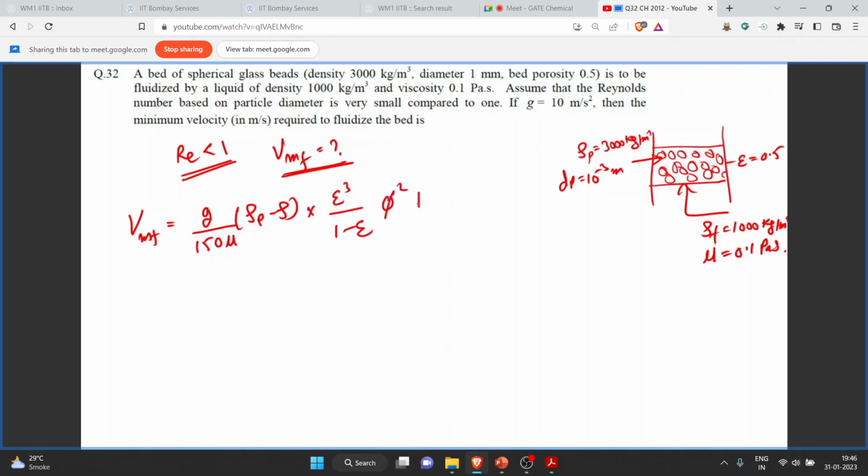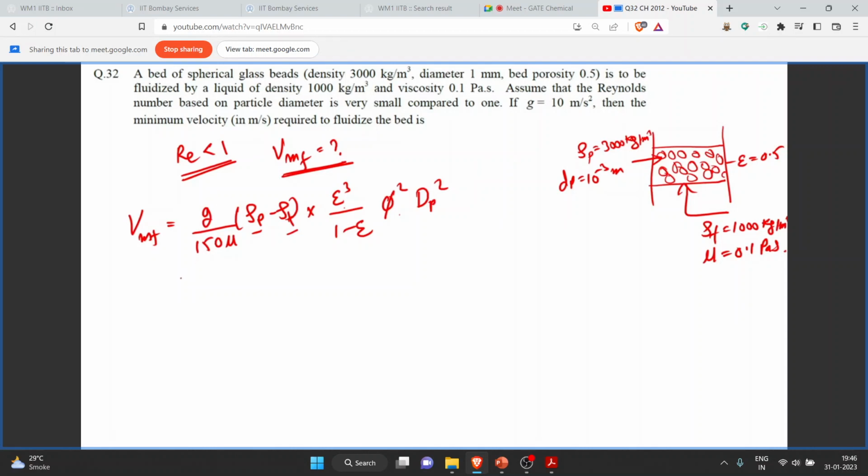then phi square into dp square, where g is the gravitational acceleration, rho P is the density of the particle, rho F is the density of the fluid, epsilon is the porosity of the bed, phi is the sphericity of the particles. Since we have been given spherical glass beads, this will be 1, and dp is the diameter of the particles.